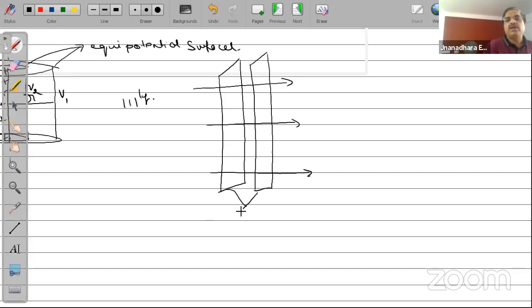So this will be an equipotential surface. Here also you can see that the electric field will be perpendicular to this. A very important idea. We'll be using this in the problem solving later on. Okay. If you all are okay, I would like to go to my last item of discussion.